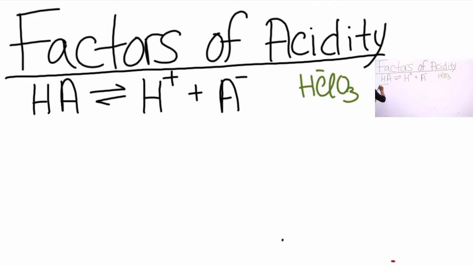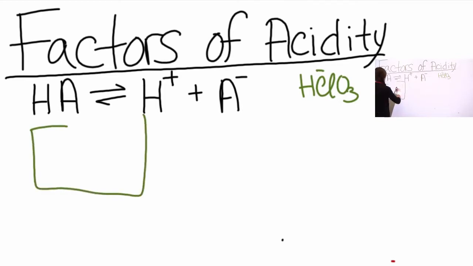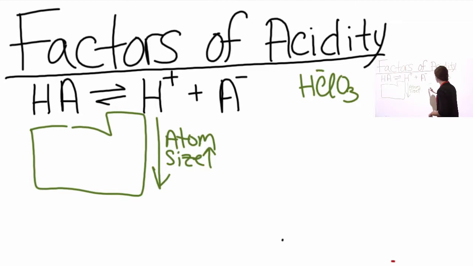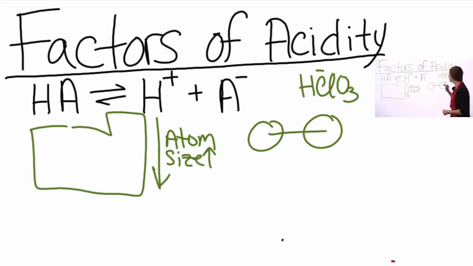So if you just draw a periodic table, when you go down like this, your atom size increases. And so if you have 2 atoms bonded together, the length of the bond is going to be proportional to the actual size of the atom. So as your atoms increase in size, your bond length also increases in size.